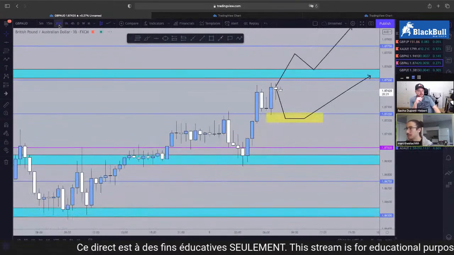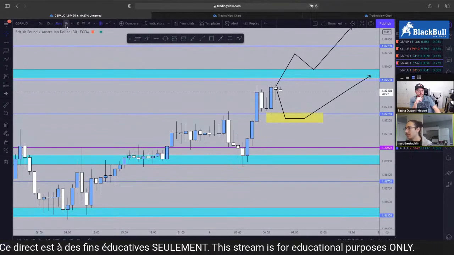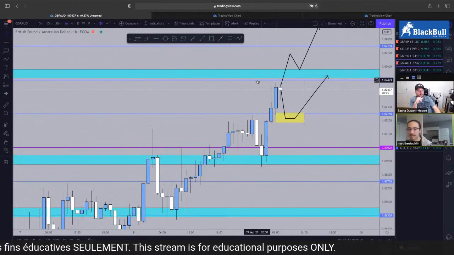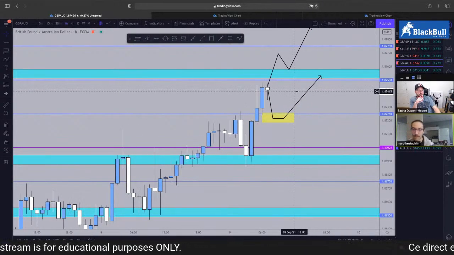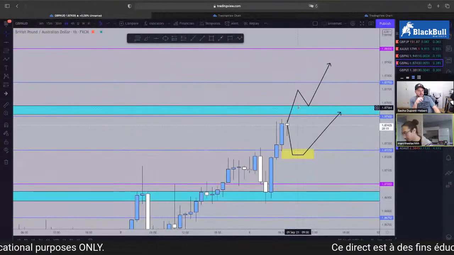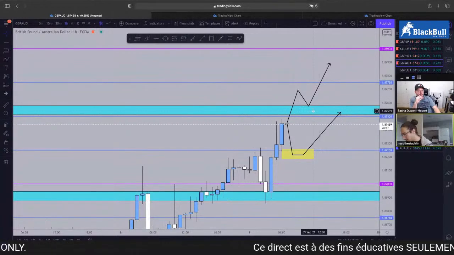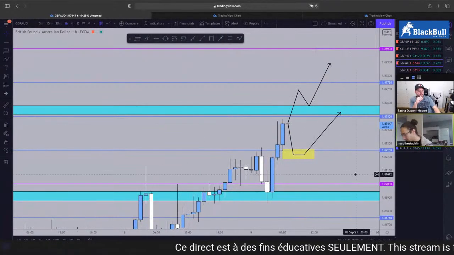So right now I'm waiting for price to come down, form support to retest the high. So we'll see. Or I'm going to be looking at a break and retest of this previous resistance.